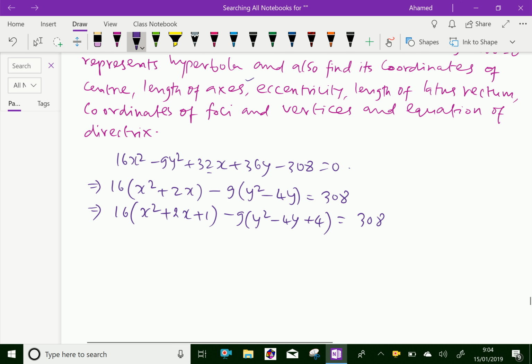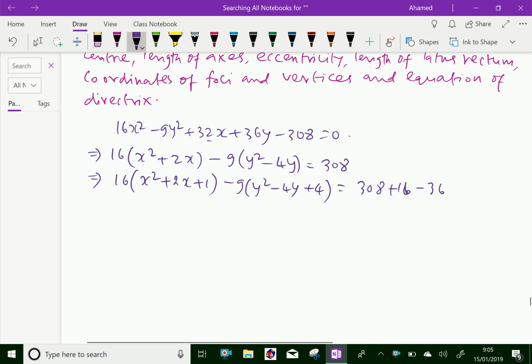So, we added 16 on the left side, so we add 16 to the right side also, and we added minus 9 into 4 is minus 36, so we have to subtract 36.